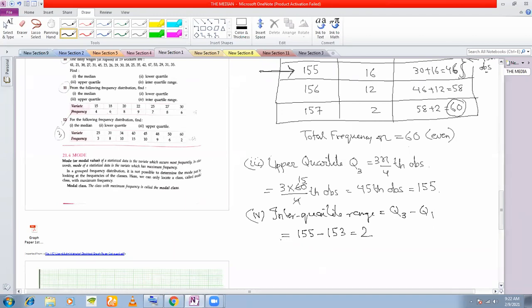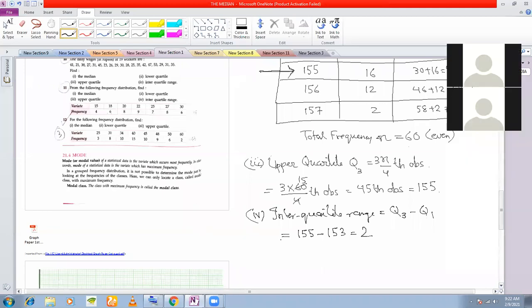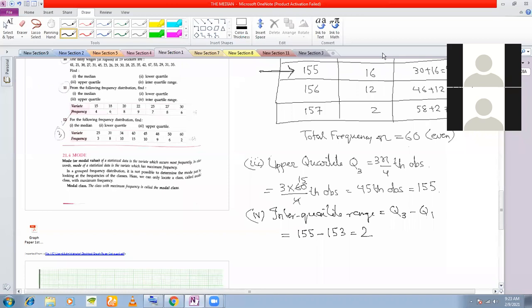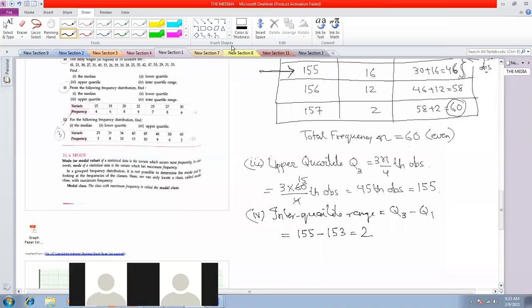Any questions on this? How to find the median of an ungrouped frequency distribution? Okay. Next, we proceed to find the median with the help of graphs, that is the ogive, for a grouped frequency distribution. Let's see how to find the median of a grouped frequency distribution.